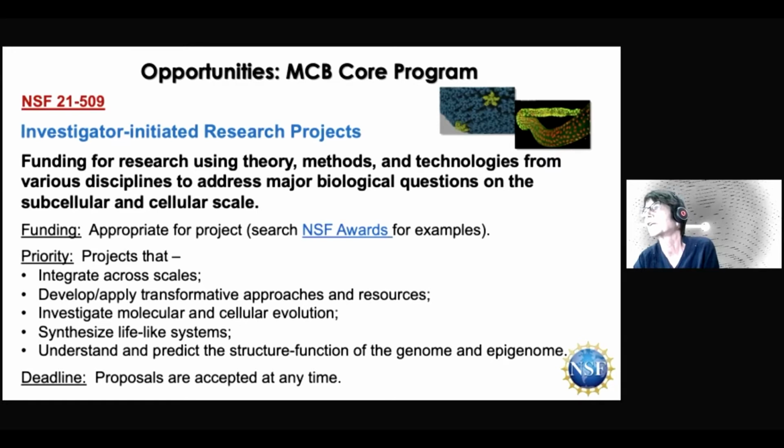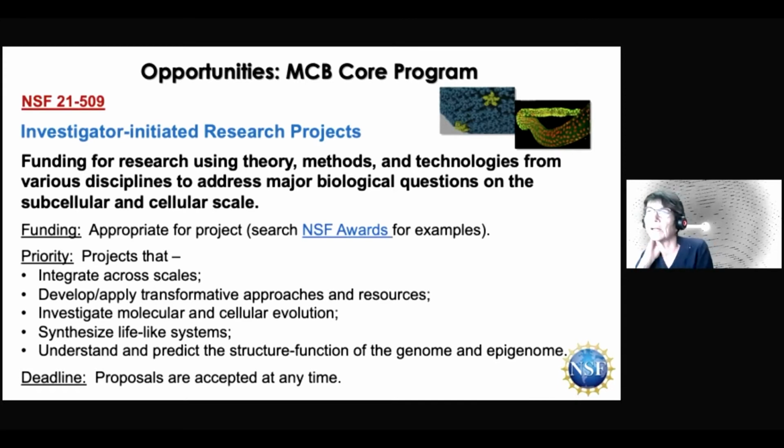We support projects that use theory, methods, and technologies from various disciplines to address major biological questions on the subcellular and cellular levels. This is part of our core solicitation, and more information can be found at the NSF under solicitation number 21509. These are investigator-initiated research projects.